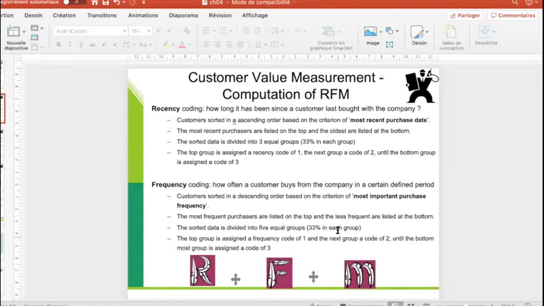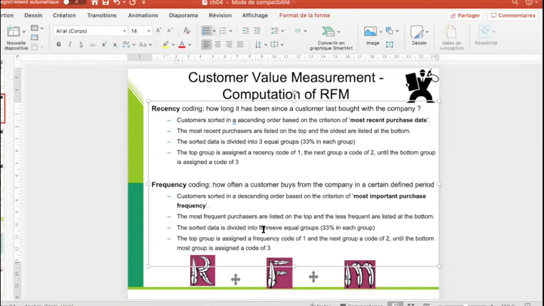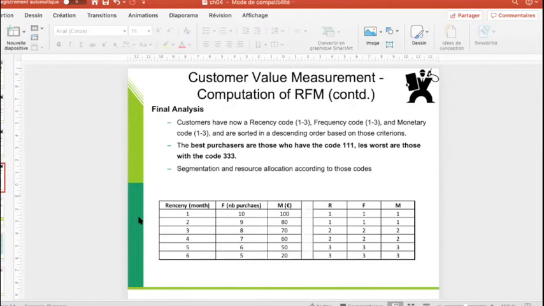Again, you will divide them into 3 different groups, and assign a score between 1 and 3 according to the quality. In my example, you have 2 customers who buy very frequently, 10 and 9 times. Then you have some who bought 8 and 7 times, and some who bought less, 6 and 5 times.